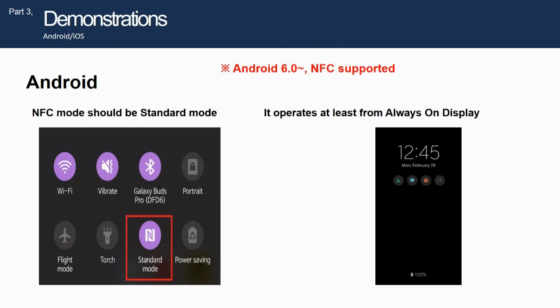This does not work properly in UC mode or NFC mode. Also, the mobile card works when the phone is in at least always on display mode. It does not work when the screen is completely off because of Android policy.